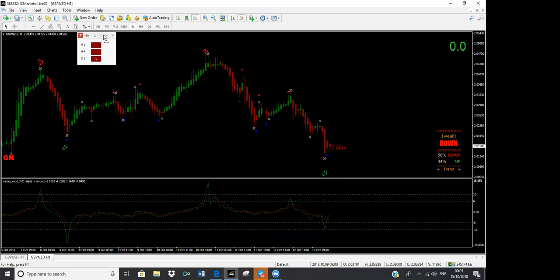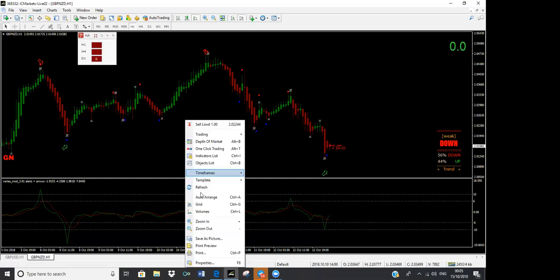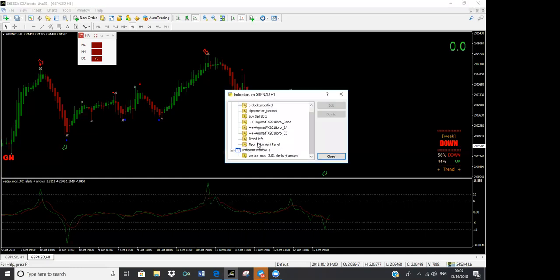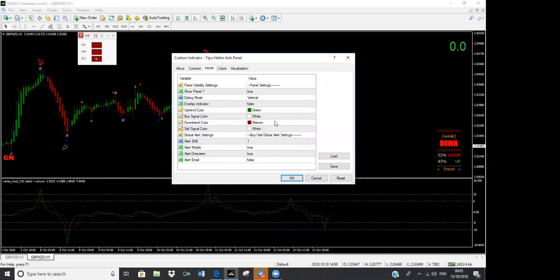I'll also send you the settings. Make sure your settings are set exactly like mine, so there's no confusion about why people's charts are different from others.